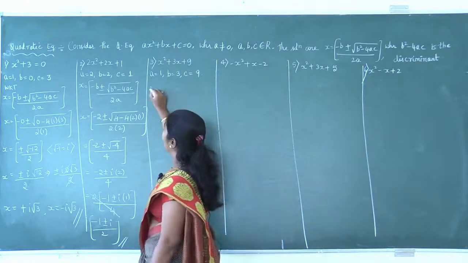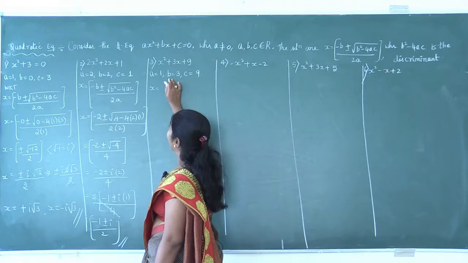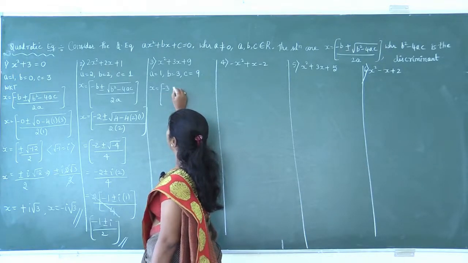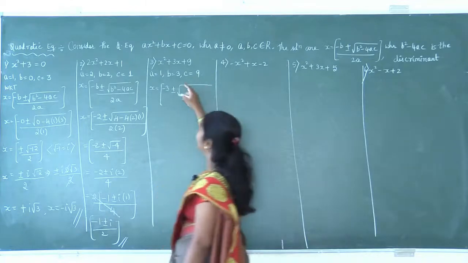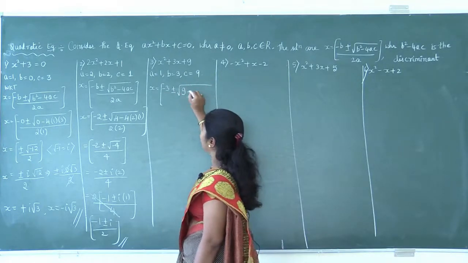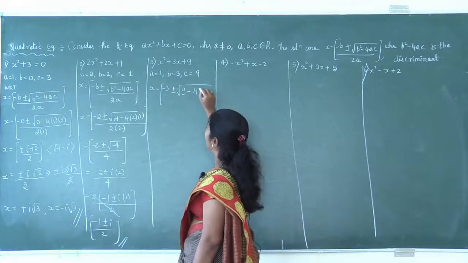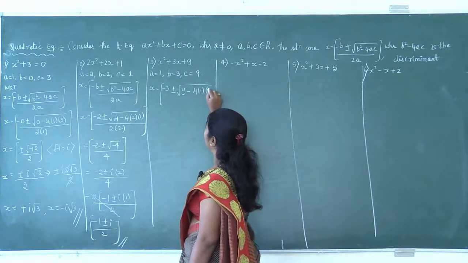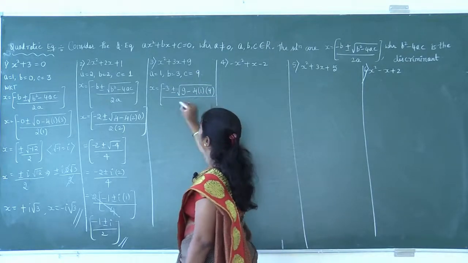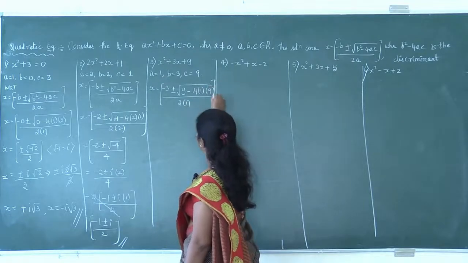So writing the formula and substituting, minus b takes the value minus 3, plus or minus root of b squared. What is b squared? 9 minus 4. What is a? 1. And what is c? 9. Divided by 2 into 1.